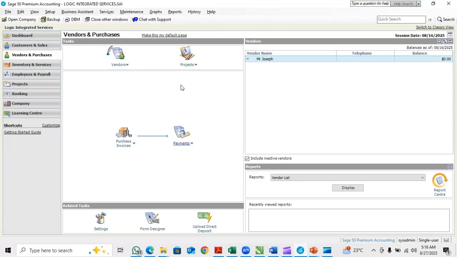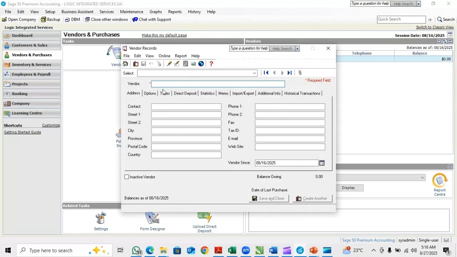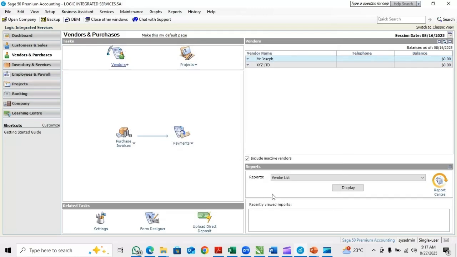So we go to the software and create another vendor. Let's assume the vendor's name is XYZ Limited. We purchased office equipment from this company and they gave us some days before we can pay.